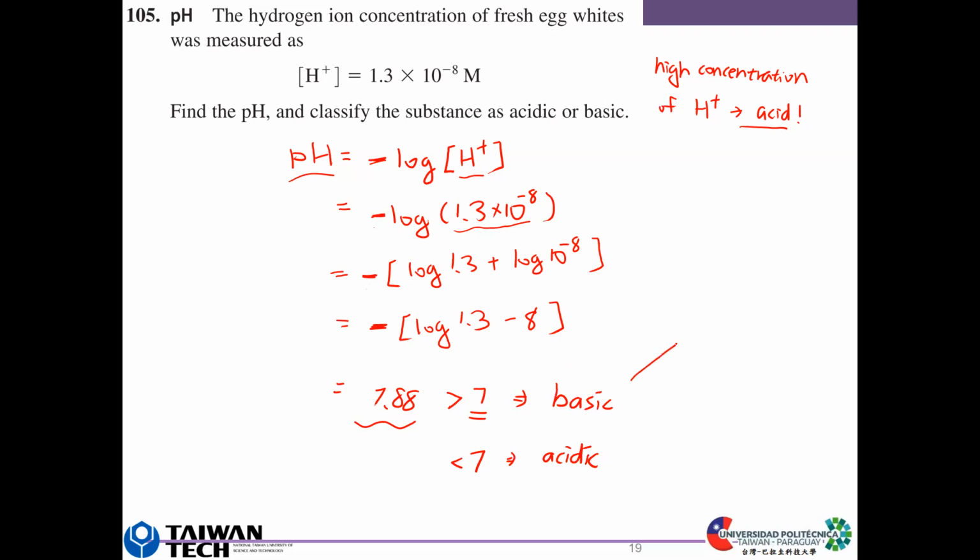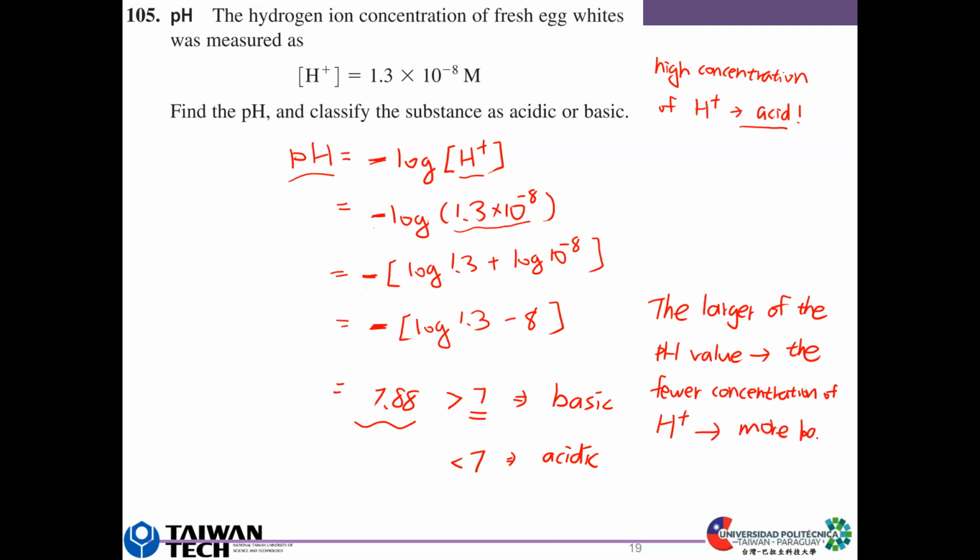So the larger the pH value, the lower the concentration of hydrogen ion, which means it is more basic.